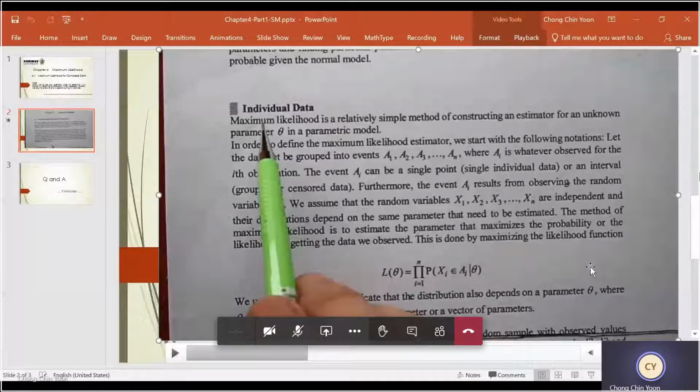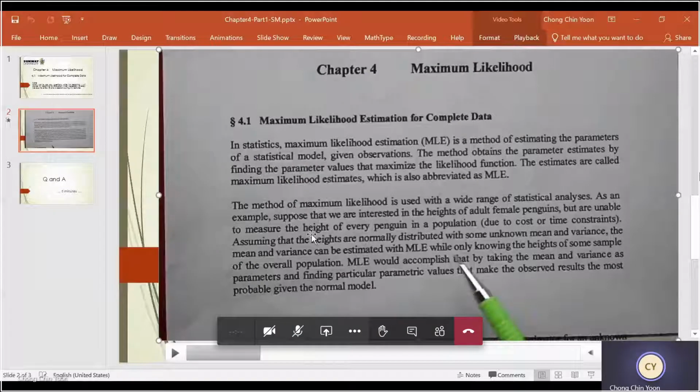The height. For example, let's say you have one group of these penguins. Your job is to try to measure the height of these penguins. But there are too many, so how do you want to measure? It's impossible to measure one by one, due to cost or time constraints. So we only take a sample, and from there we try to measure the height.